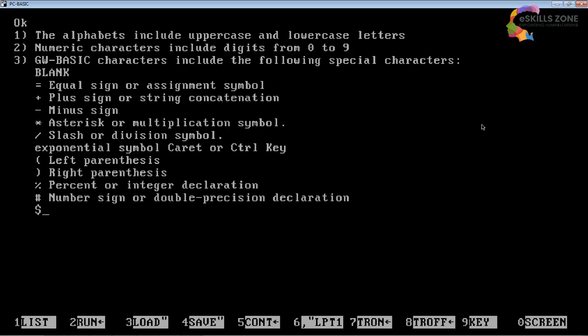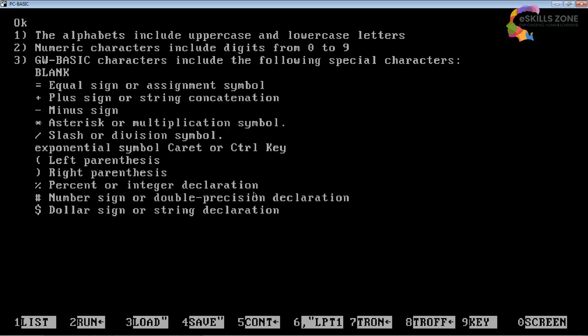And the next one is the dollar sign, or string declaration. We will discuss later on what string declaration means. It is used to identify some characters or alphabets.